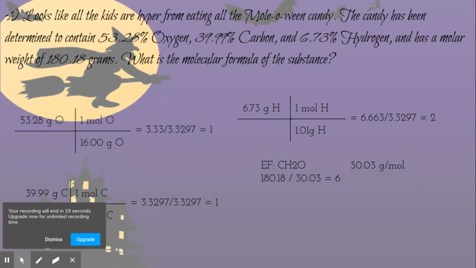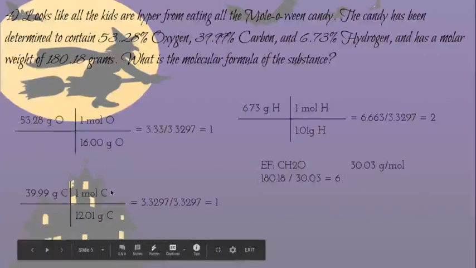And then now what you do with that, you have to find the molar mass of that and find out how many times that molar mass can go into the molar weight of the actual substance itself, which I found goes in 6 times. So we can times every single part of the empirical formula by 6. So now from there you get the molecular formula of C6H12O6.